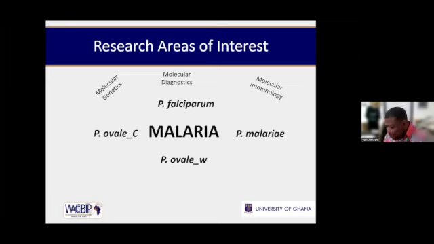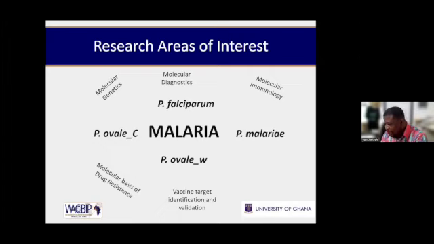And therefore, you'll see a lot of molecular immunological tools being used within my research group. We've been studying the molecular basis of drug resistance as well. So within the group, we have different thematic groups that tackle these areas.